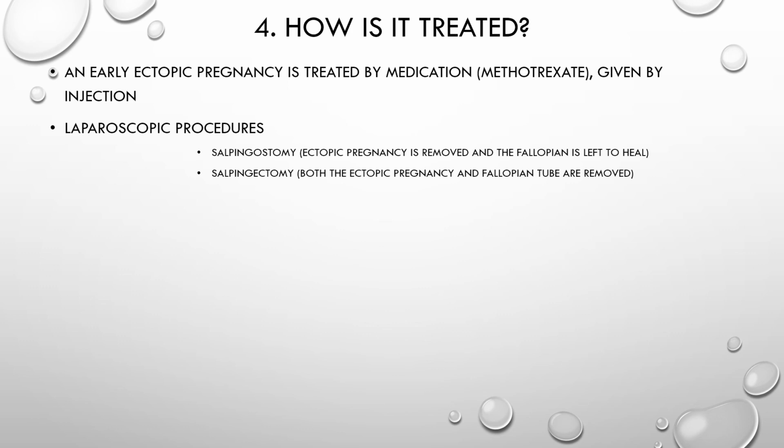We say that this is when the egg develops outside the uterus, where it should not develop. And when it develops in that tube, the fallopian tube, it will grow and damage the fallopian tube. Then there will be blood leaking to other organs and you lose blood.